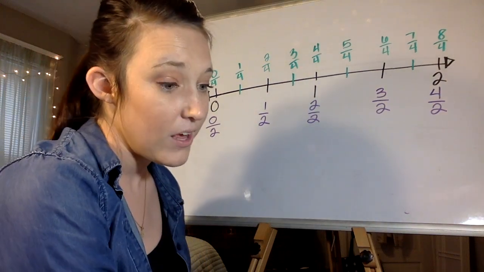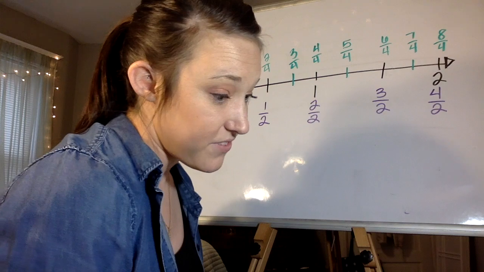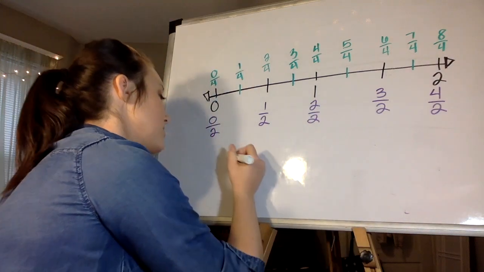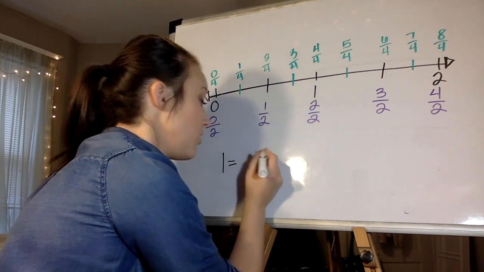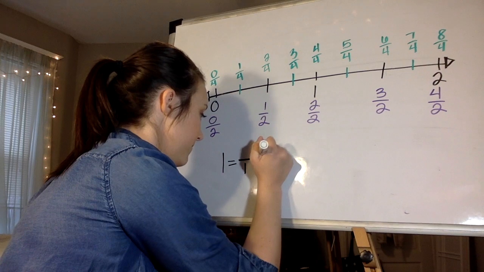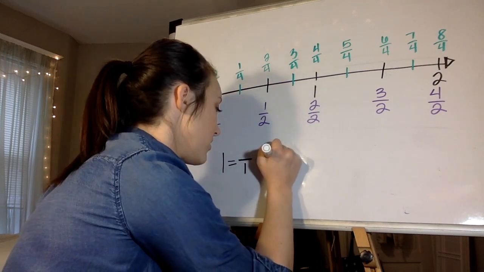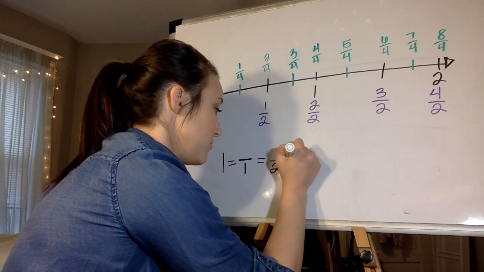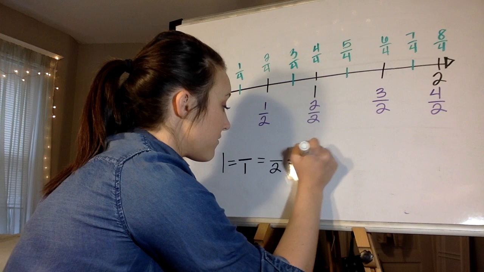Okay? So that's the labeling. And then we have to fill in these blanks. So it says 1 is equal to a number over 1. It's equal to a number over 2, and it's equal to a number over 4.